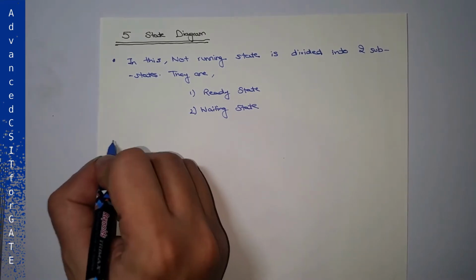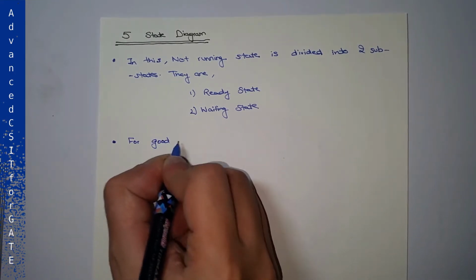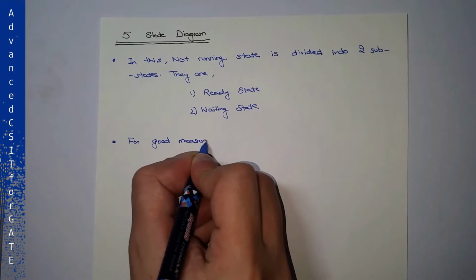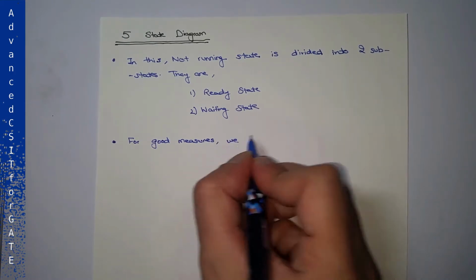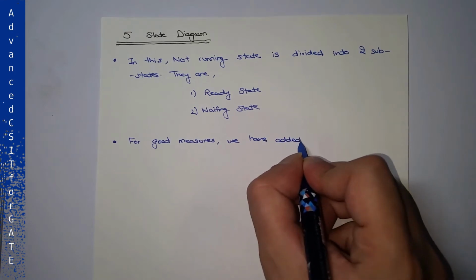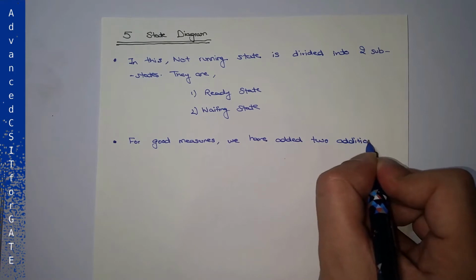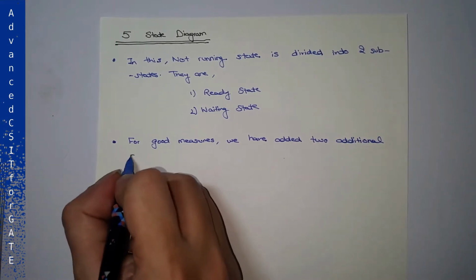Second point could be, for good measure, we have added two additional states to a process.